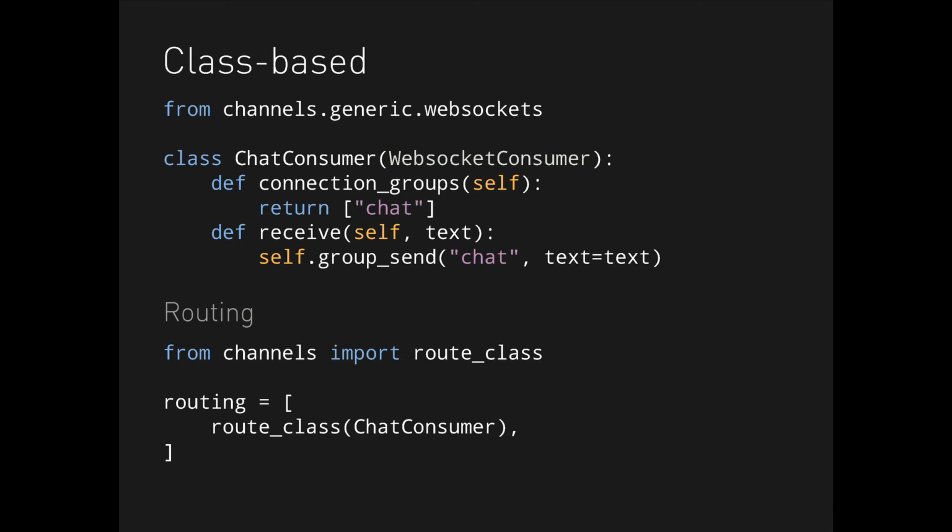In the class-based version, Channels has things for the common pattern where when you connect, you add to a group, and when you disconnect, you remove from the group. It has built-in stuff for that. So you subclass a normal consumer we already have. You say connection groups is chat, and then Channels manages that connection stuff for you. Then you just write a receive handler the same way we did before. Routing with classes is a lot easier because classes know what channels they want to listen to.